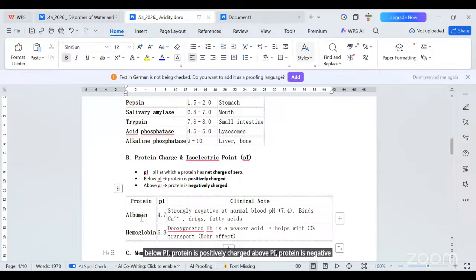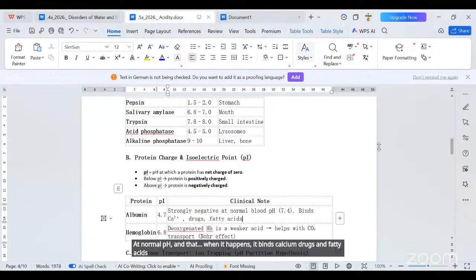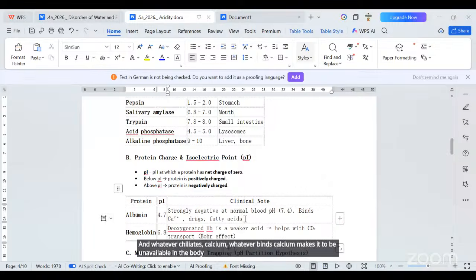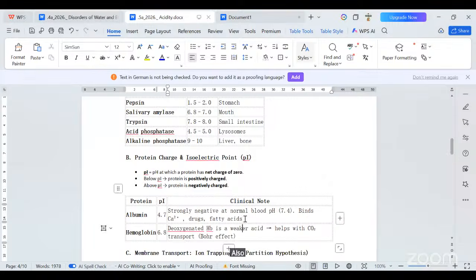So for albumin, the Pi of albumin is 4.7, what this means is that it is strongly negative at normal pH, and when it happens, it binds calcium, drugs, and fatty acids. And whatever chelates calcium, whatever binds calcium, makes it unavailable in the body, and so will cause some damage.